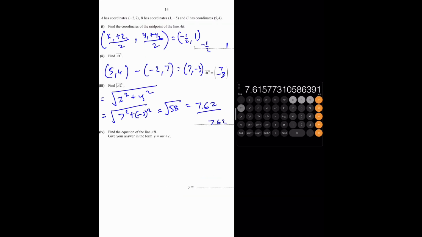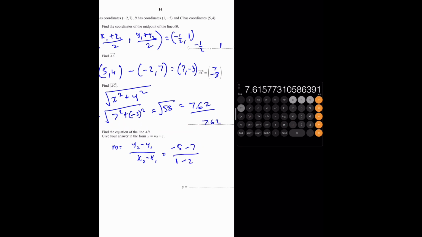Part 4. Find the equation of the line AB. Give the answer in the form y equals mx plus c. First, we can find the gradient, m, y2 minus y1 by x2 minus x1, which is minus 5 minus 7 by 1 minus 2, which is equal to minus 4.